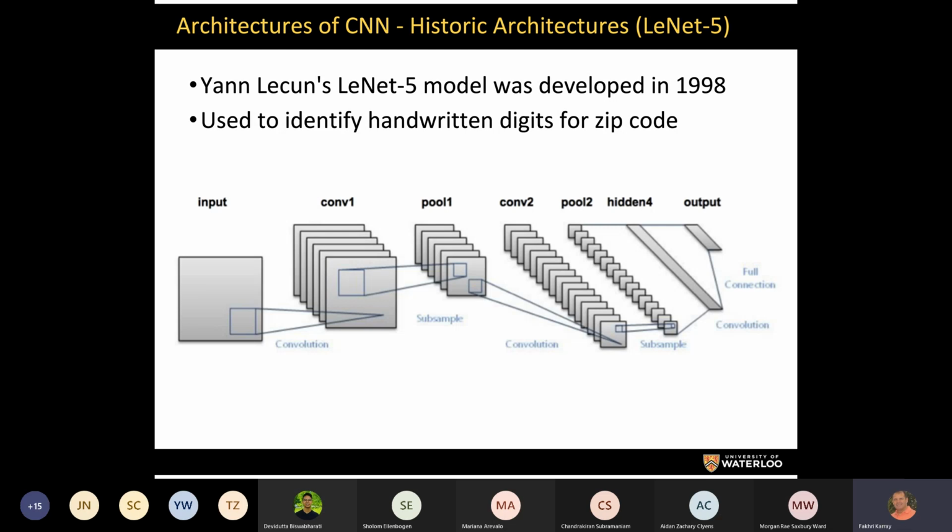The only issue is that during that particular time, 1998, we did not have GPUs, we did not have clouds, we did not have computers with large amounts of memory. So in order for LeCun to solve this particular problem, he used a supercomputer at the time. And people said that while the results are excellent, these results cannot be replicated.